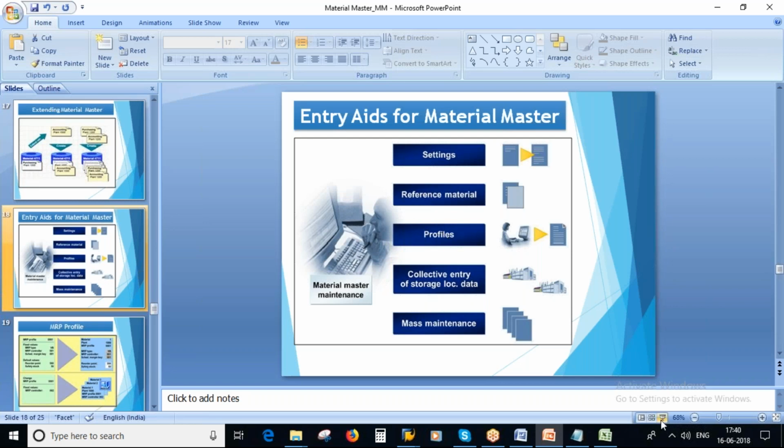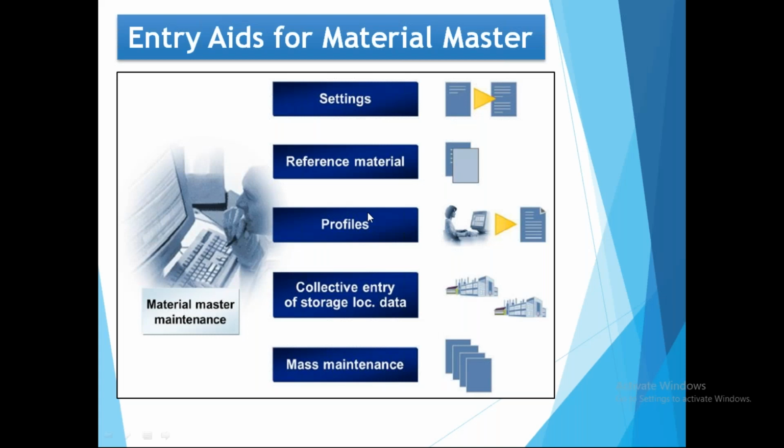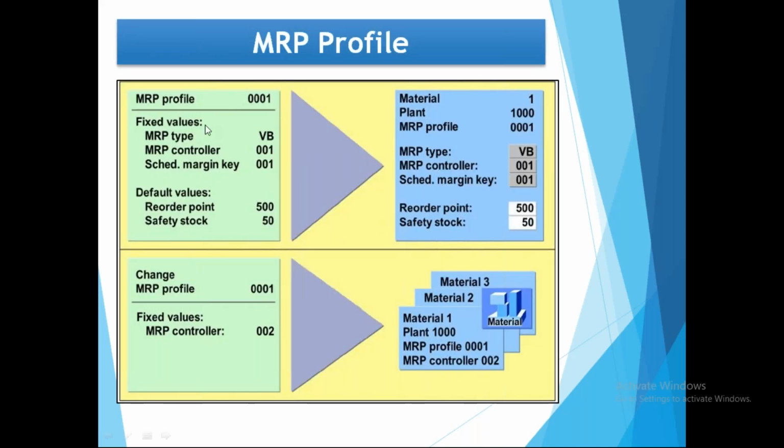Profiles. So what do profiles mean? Let's say in your material master, some of the MRP views, material requirement planning views, have the same data. So instead of entering the data in those views while creating the material master, you can create a profile with those fields and those values.